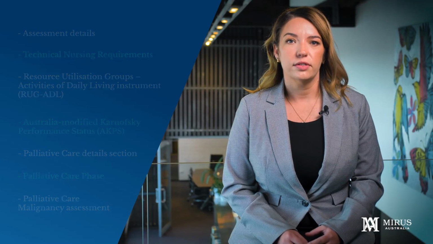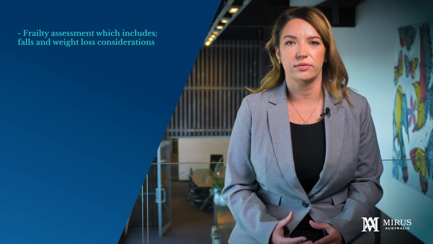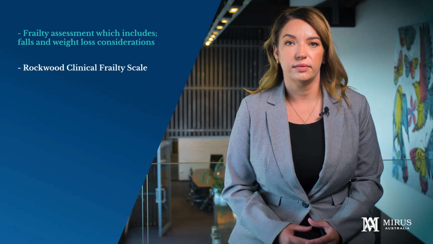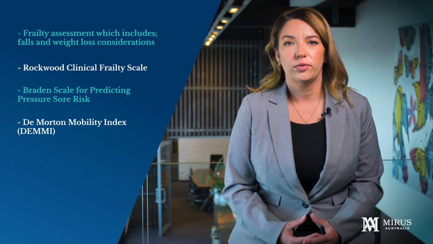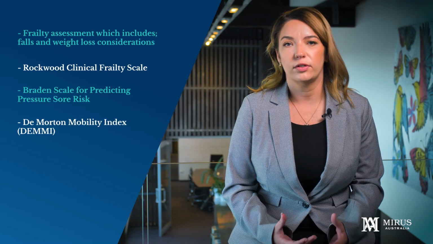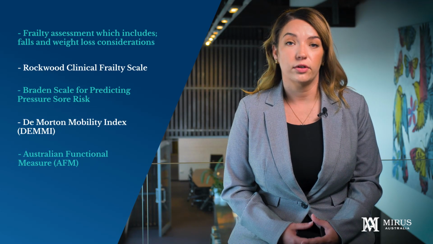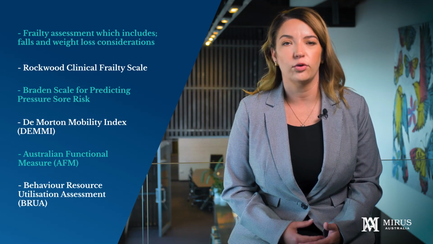It also includes the frailty assessment that looks at falls and weight loss considerations, the Rockwood Frailty Clinical Scale, the Braden Scale for predicting pressure sore risk, and the De Morton Mobility Index, also known as the DEMI. The Australian Functional Measure, also known as the AFM, and the Behaviour Resource Utilisation Assessment, or BREUA.